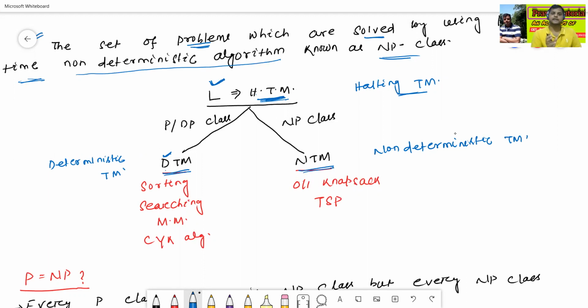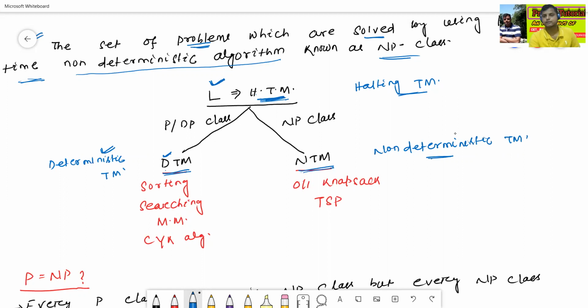So the HTM is divided into a deterministic Turing machine and a non-deterministic Turing machine.